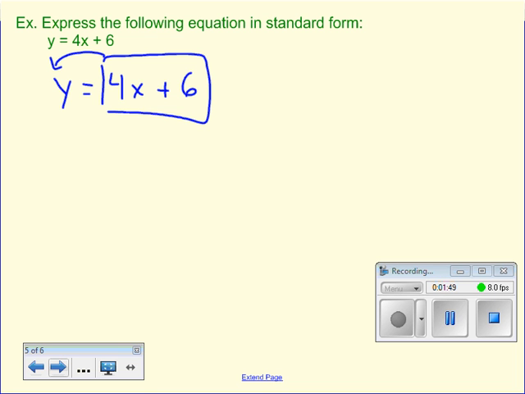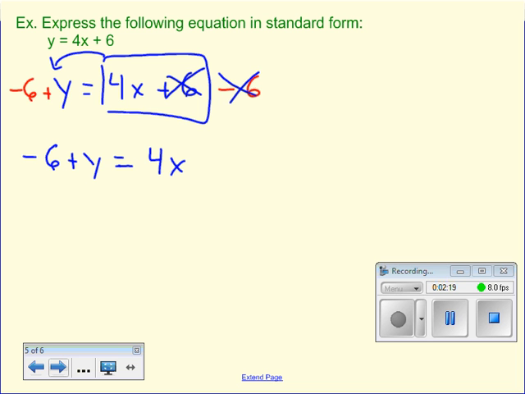To do that, I have to use collecting like terms and moving across. So I'm going to first get rid of 6 on my right-hand side by subtracting 6 here. Then I'm going to have negative 6 plus y over here. Rewrite it: I have negative 6 plus y equals 4x, because these cancel each other out.